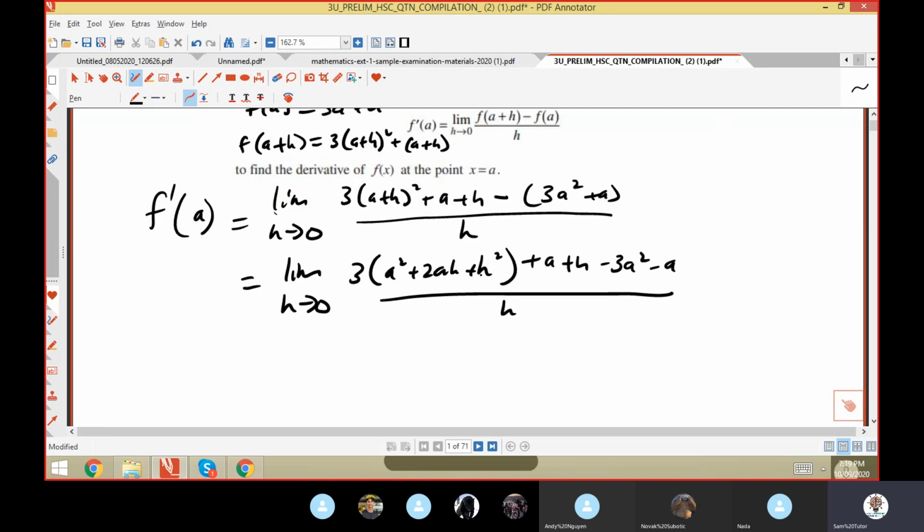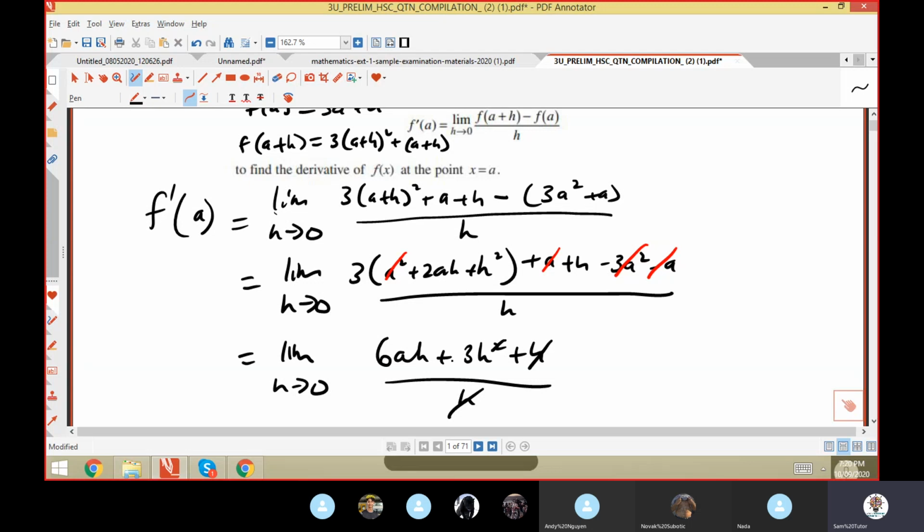Almost there. 3a squared and 3a squared will cancel. A and A will cancel. So you're left with 6ah plus 3h squared plus h on h.